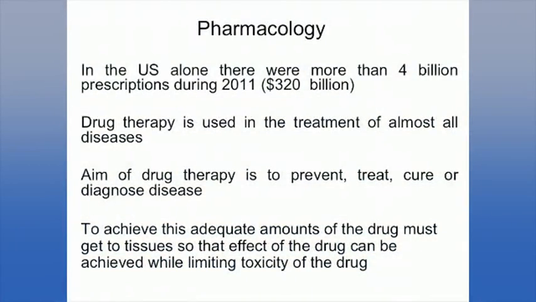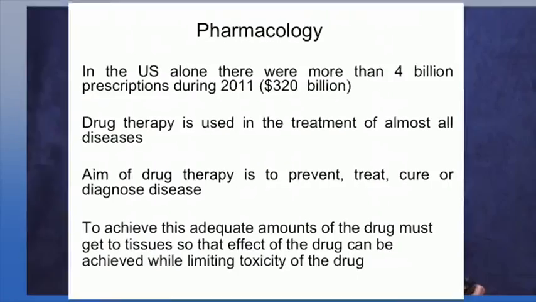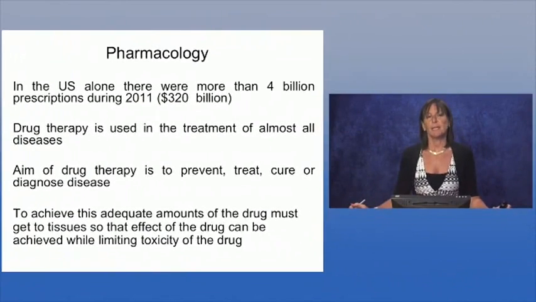So let's think about the magnitude of this discipline. In the US alone, in 2011, there were more than 4 billion prescriptions written. We appreciate that healthcare providers spend more than 50% of their time in treating disease. Drug therapy is used in the vast majority of these clinical scenarios.